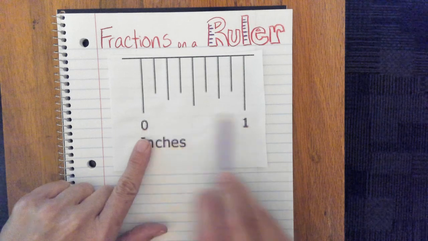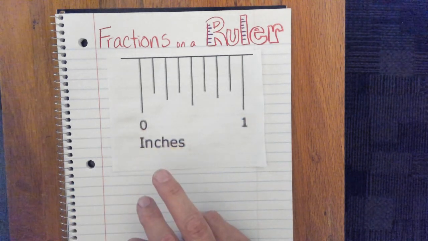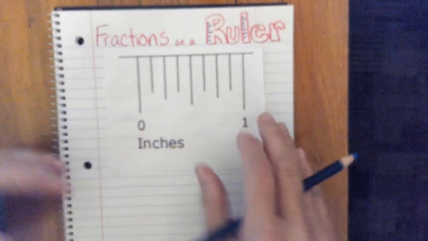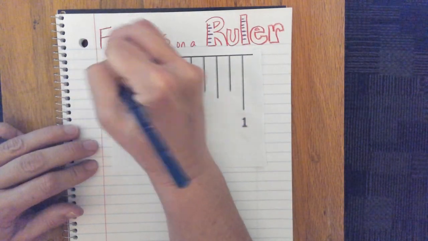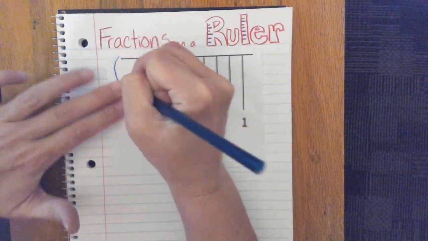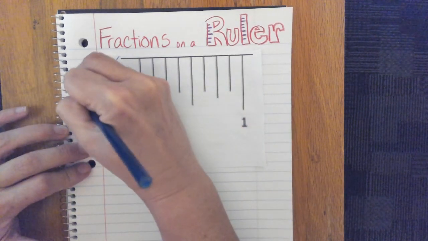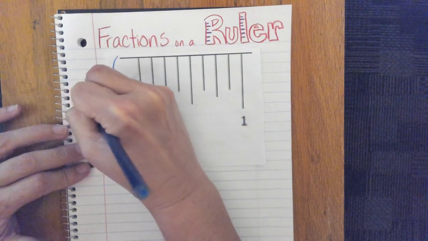This distance right here is not an inch, okay? And I want to be really clear that you can't just say, oh, this is an inch, because I said it was. So we're going to write over here, not to scale.